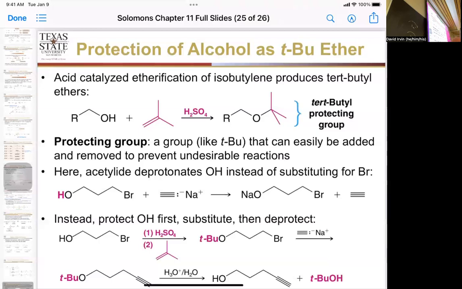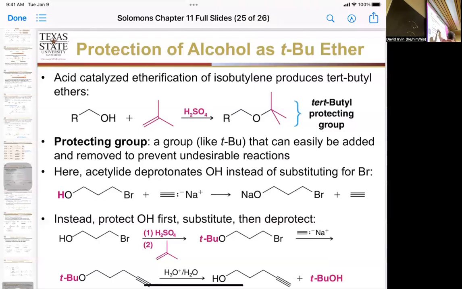Okay, so in this case here, what we're going to use is this t-butyl protecting group. Now, the reason this t-butyl is a really good protecting group is because it's really big, and so it's not susceptible to being displaced by nucleophiles. Number two, it's an ether. Ethers are very poorly reactive. So we're going to see that those don't react very much. And so when we do this, we're going to take our material here.